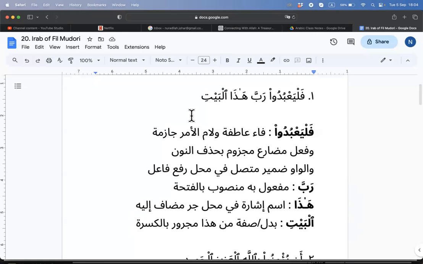So who should worship? They should worship Rabba, the Lord, basically God, the master. It is a mudaf ilayhi. So how do you translate mudaf ilayhi? Like Kitabullah, book of Allah.